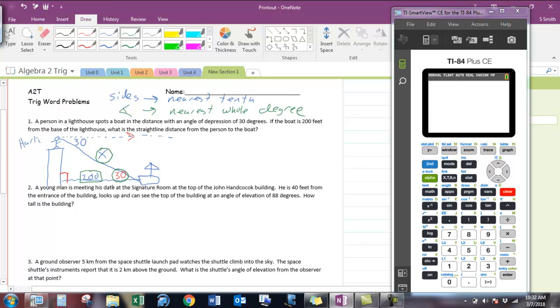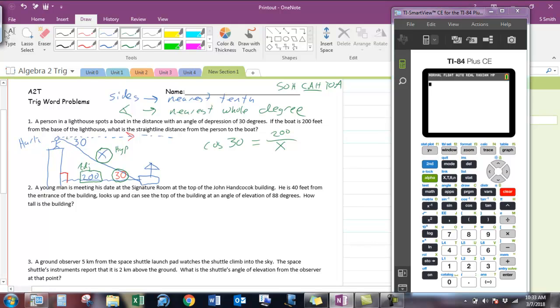Well, it's part of it, so it's the adjacent. So we're going to use the adjacent. This is the adjacent. This is the hypotenuse. So what goes with adjacent hypotenuse if we're talking about SOHCAHTOA? Well, it's going to be cosine. So the cosine of the angle, 30 degrees, is equal to the adjacent 200 divided by the hypotenuse, which we don't know right now, which is x.